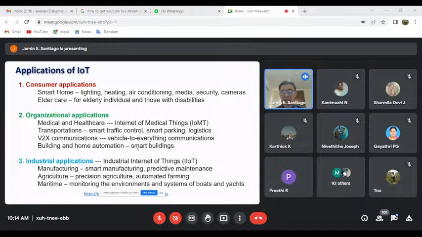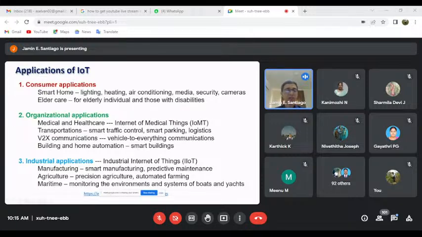The main structure of IoT is the same for all of these devices. We will have sensors that will generate the data, and the data will be transmitted to a network, and through this network and the analysis of data, we can get the insights through analytics.